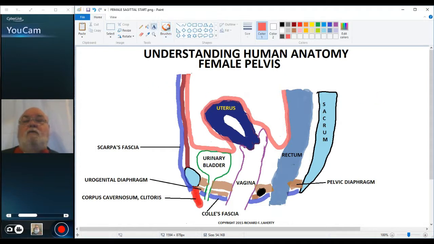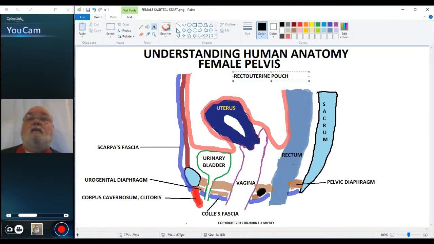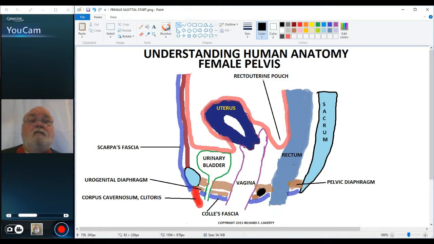Remember that in the male we had a pouch, the rectovesicular pouch. Well, the uterus and vagina get in the way of that pouch and divide it into 2 pouches. One is the rectouterine pouch, and I'll draw a line with an arrowhead down into it.